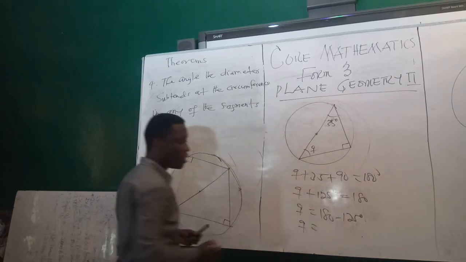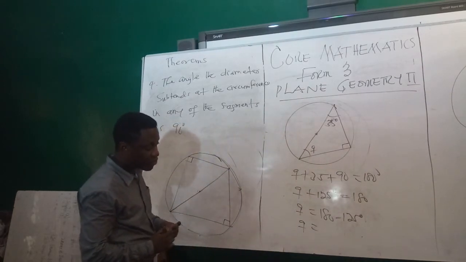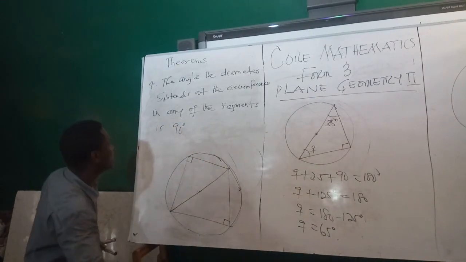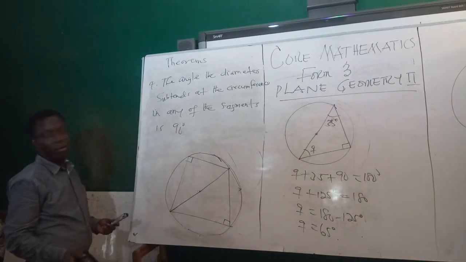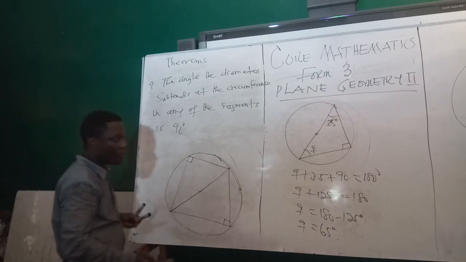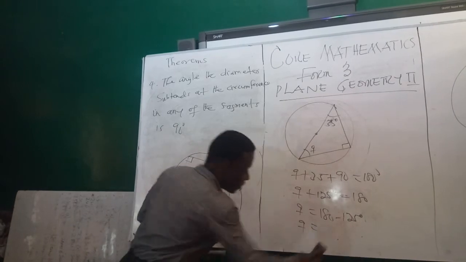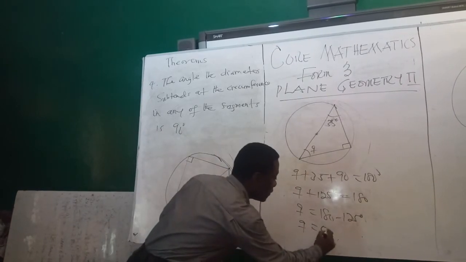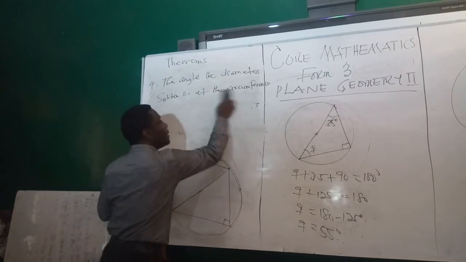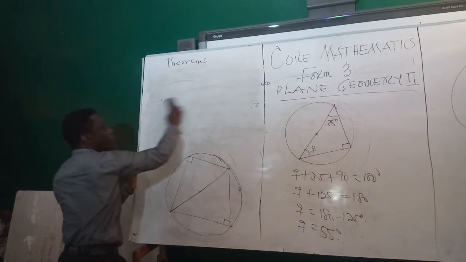So our Q will simply be 65. Great. So that is our fourth theorem. Then, not 65, sorry, rather 55 degrees. Now, quickly, let's look at theorem number 5.